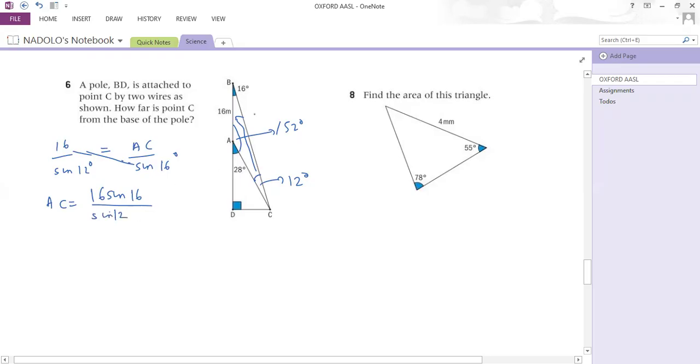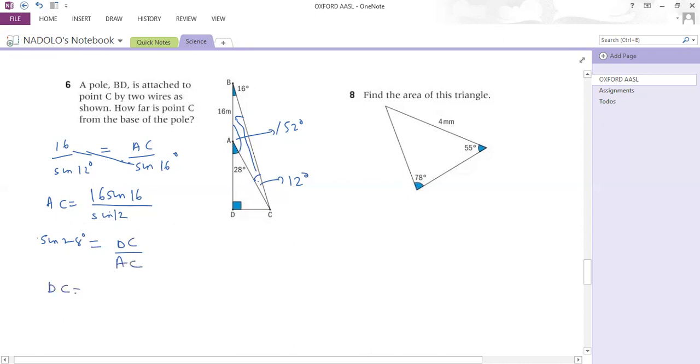And just one more time to confirm, we'll have 16 divided by sine 12 is equal to AC divided by sine 16. All right, so we have AC. If you have AC, we can comfortably use the sine ratio and say sine 28 degrees will be equal to opposite, which is side DC, divided by hypotenuse, which is side AC.